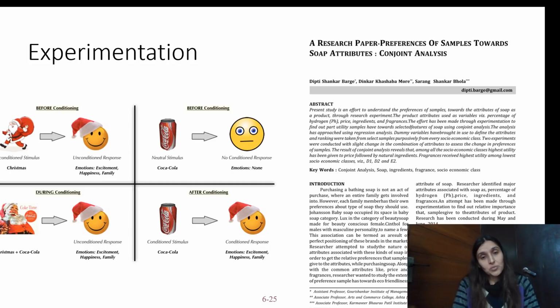If the experimental group shows that yes, I do associate Coke to happiness, and the control group shows that no, I don't, then you can say that this one variable, Santa Claus, has brought in a causal relationship. Because one group was exposed to it and one was not.